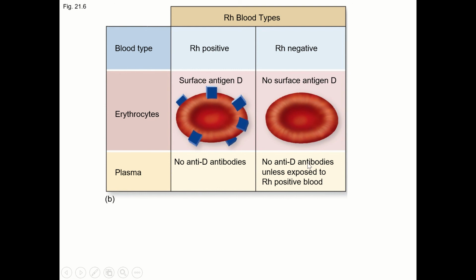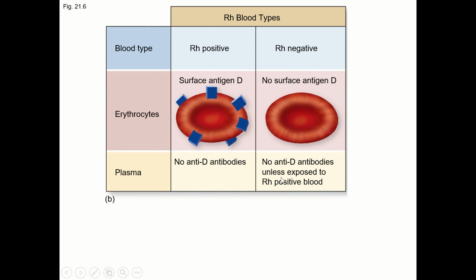It's the second pregnancy. Then she could have antibodies that could bind to the fetus's blood. And that can actually cause problems. And so we now have a drug that we can give to pregnant mothers who have negative type blood to prevent them from developing those antibodies.